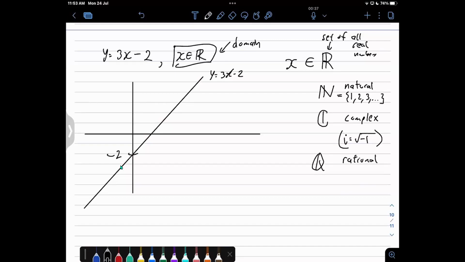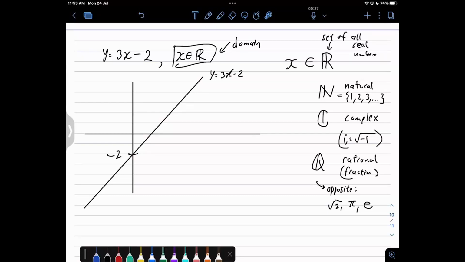Basically, you can write it as a fraction. So irrational numbers will be numbers that are outside the rational, such as square root 2, pi, and e, for example. You cannot write it as a fraction. They'll just have endless decimals.